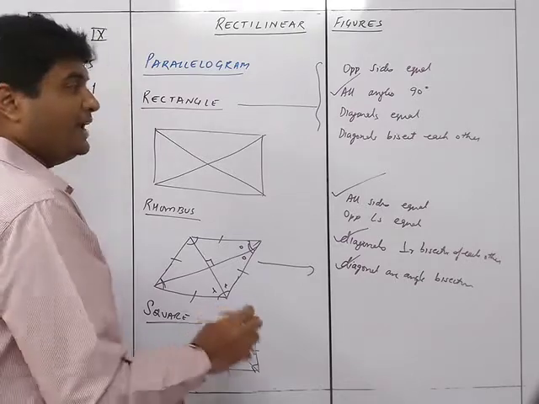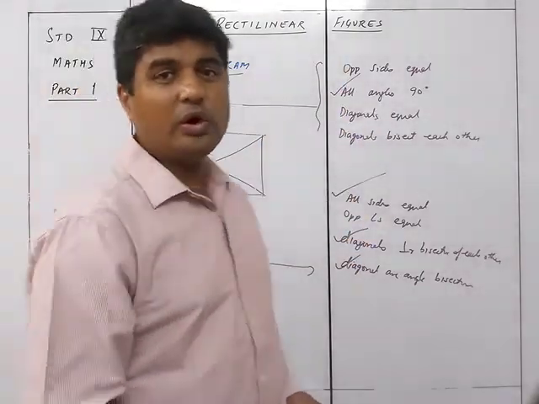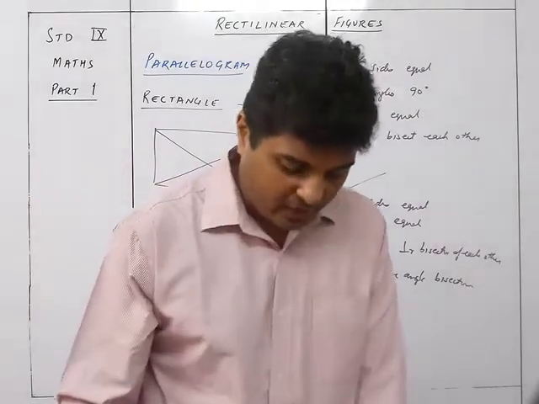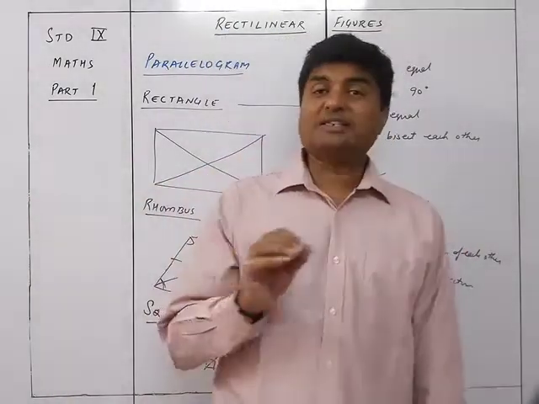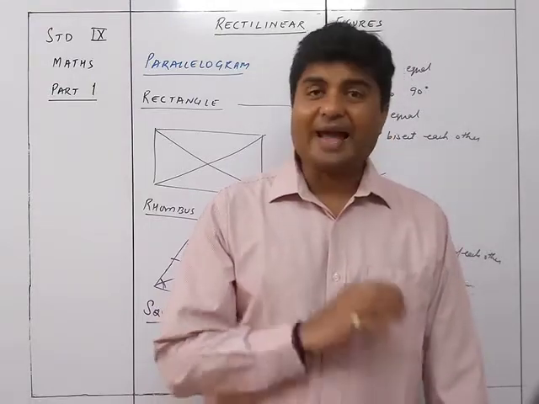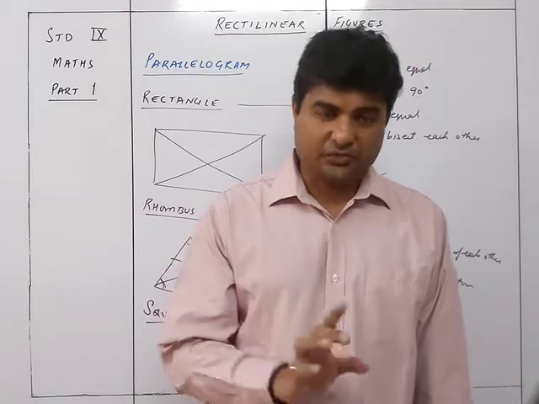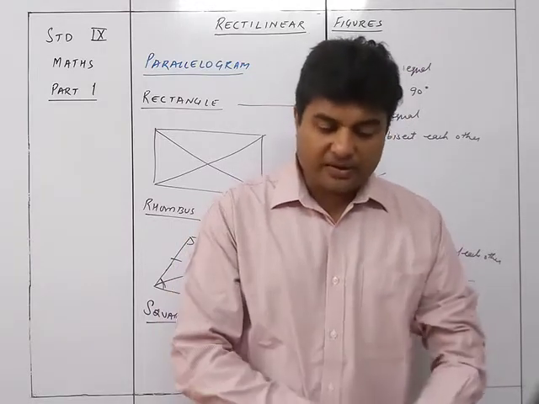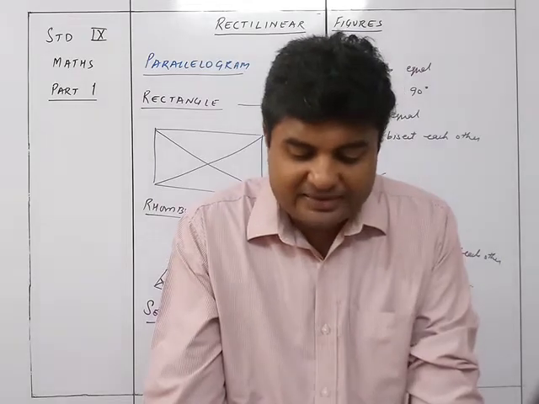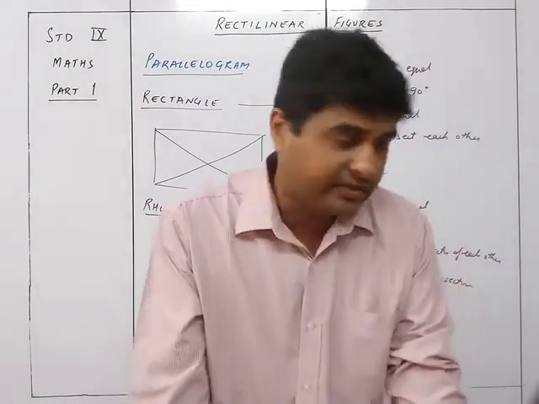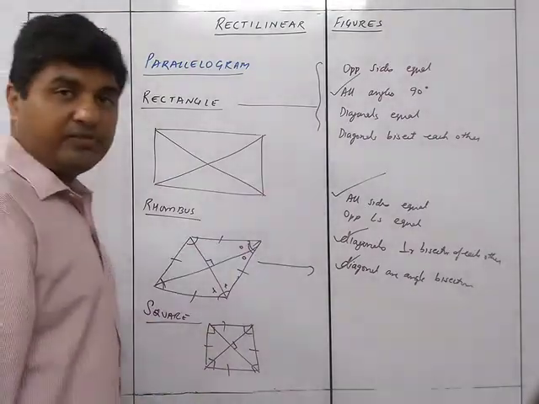Okay, so all the properties which are there over here are in square. So we have got all interior angles equal to 90 degrees, all sides are equal, both diagonals are equal and diagonals are perpendicular bisectors of each other. And the diagonals also bisect the angles of the square, same thing, angle bisector also. So all the properties are there for square.